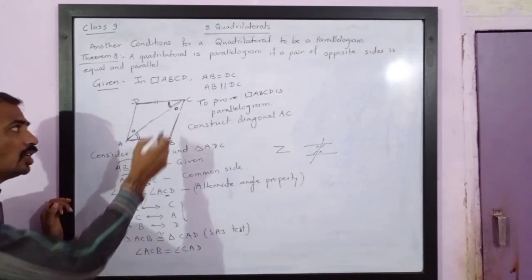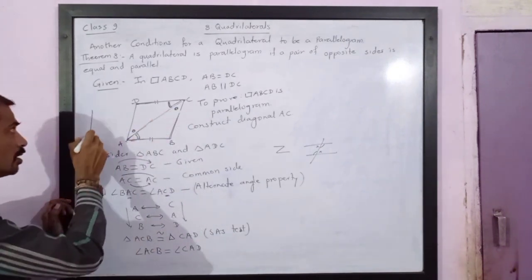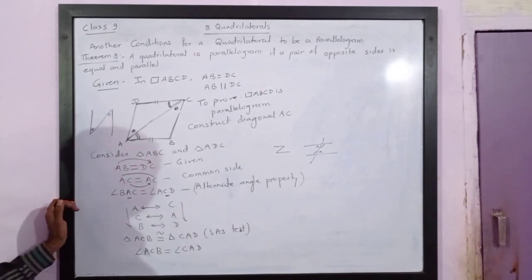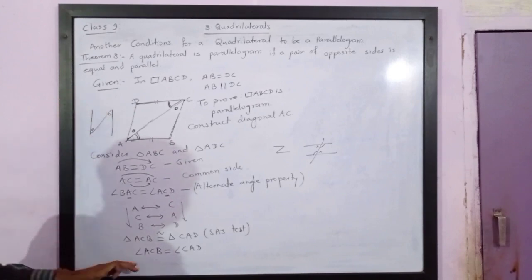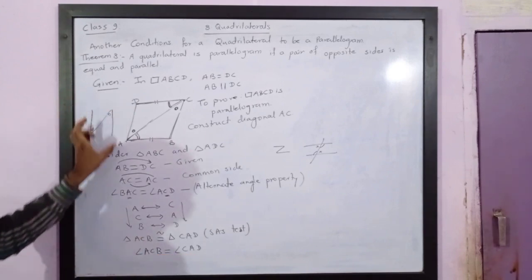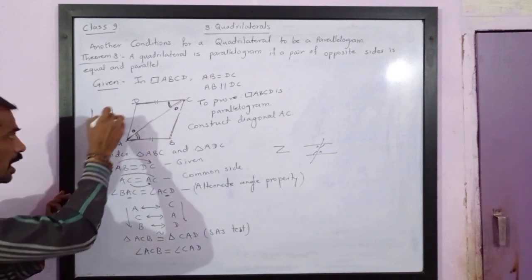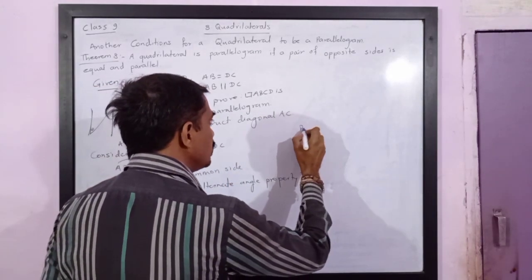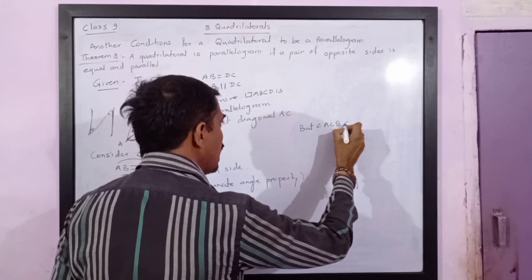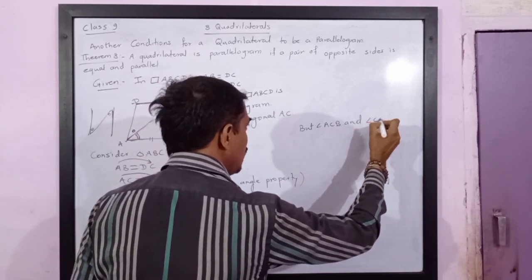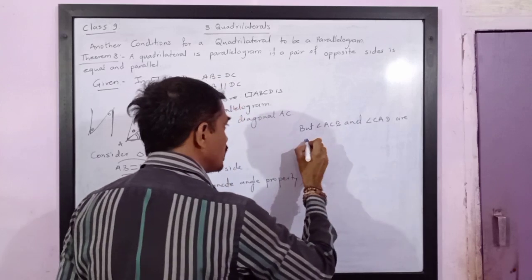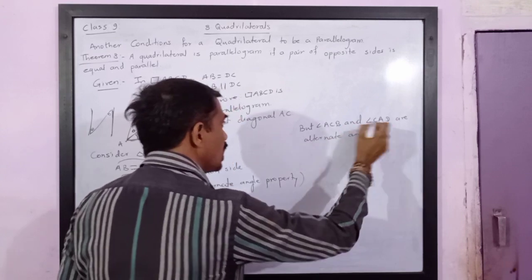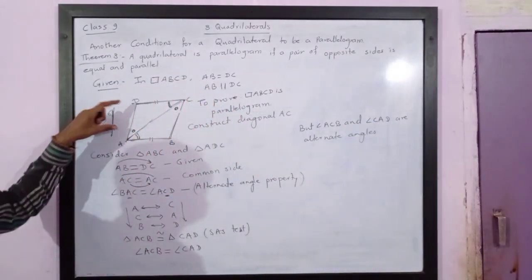Now watch carefully. If these two angles are congruent, understand these angles are angles in the letter Z. It means they are alternate angles. Alternate angles are congruent, hence these two lines must be parallel. So the other two lines are parallel this time. Angle ACB and angle CAD are alternate angles, and if alternate angles are equal, these two lines are parallel.